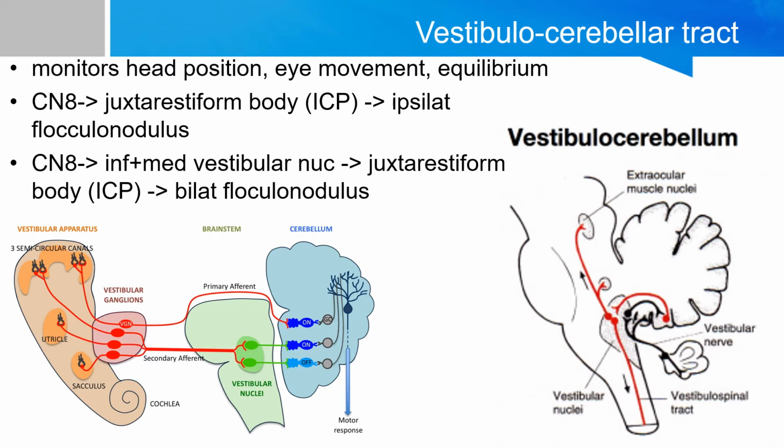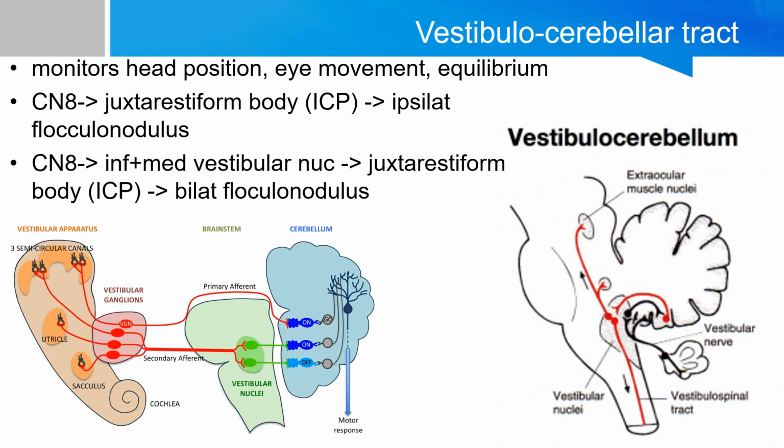The traffic for the vestibulocerebellar system is carried within the inferior cerebellar peduncle, and one particular subdivision of the inferior cerebellar peduncle called the juxtarestiform body, and we'll cover that in future videos. The inferior cerebellar peduncle is comprised of both the juxtarestiform and the restiform bodies.